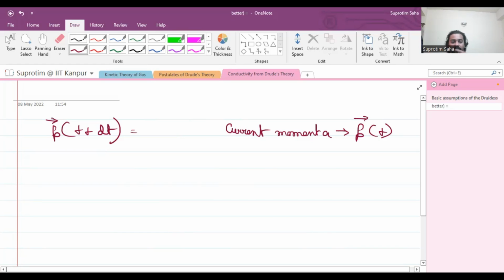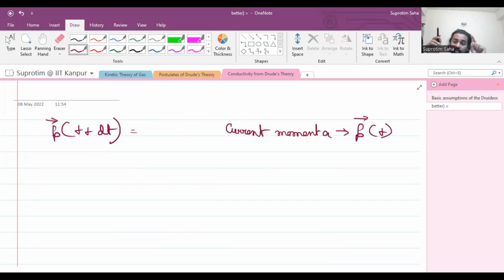To answer this question, you have to think about the fact that the electrons undergo collisions. So you need to take account of those electrons that have not undergone a collision in this time dt. There's a definite probability, that we know from the first assumption of Drude's theory, that dt by tau is the probability that an electron has undergone a collision in time dt, when dt is less than tau. Otherwise, it's only 1.